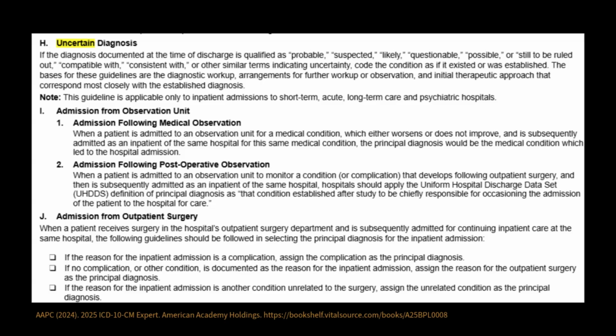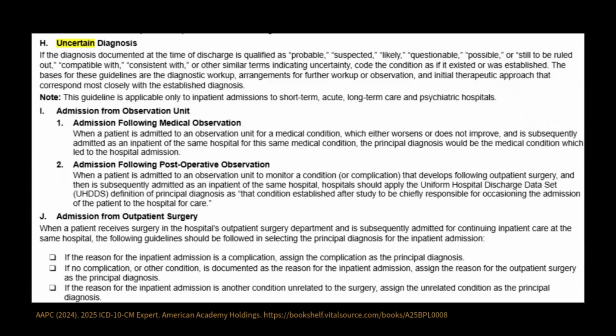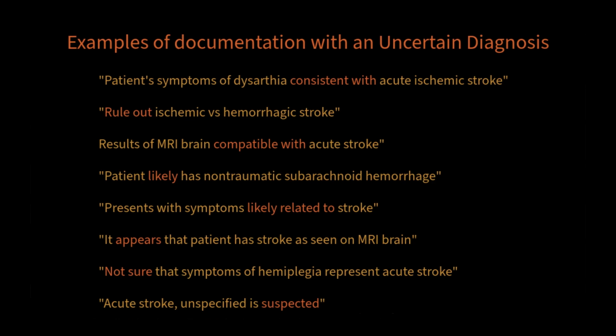For the purposes of this training session, we will not assign codes for a diagnosis that indicates uncertainty. So here is the Uncertain Diagnosis Coding Guideline, which you can find in your codebook, Encoder Pro, and on the CMS website. So here's an example of the types of documentation where it would be appropriate to assign the signs and symptoms of a stroke rather than the type of stroke.